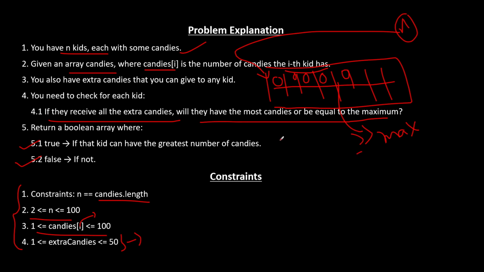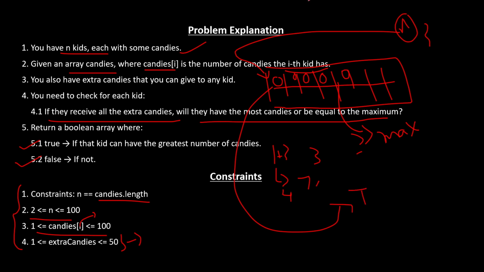For example, if here is 1, max candy is 3, and extra candy is 3. So 3 plus 1 gives us 4. So yes, this satisfies the condition, so we will return the output as true from here.